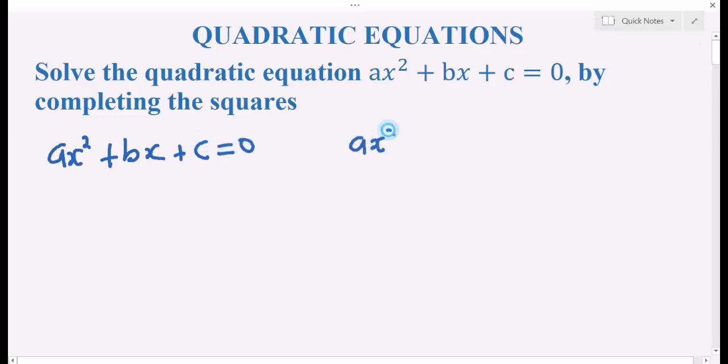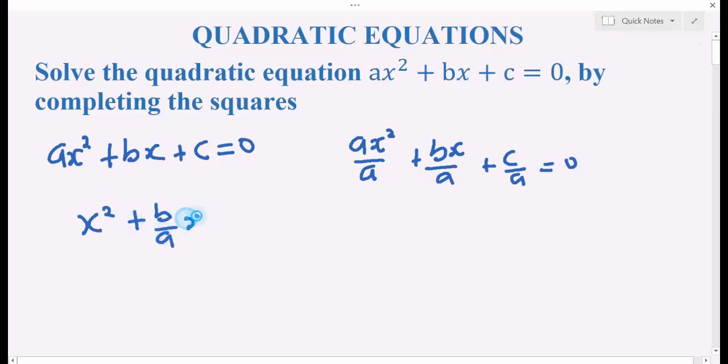We have ax squared over a plus bx over a plus c over a. This will give us 0. So we have x squared plus b over a x plus c over a. This is equal to 0.